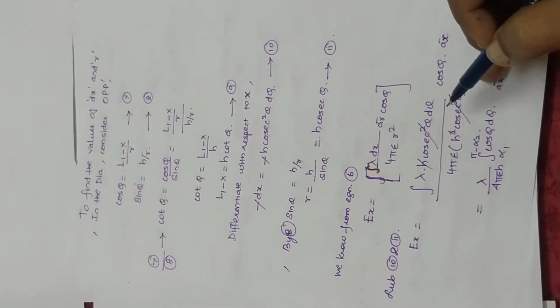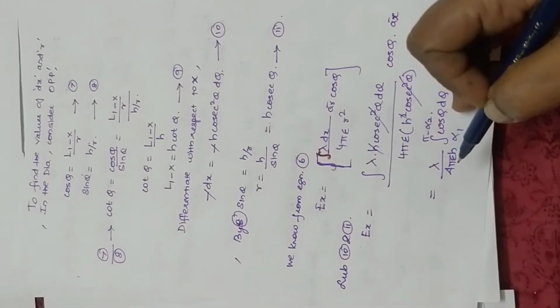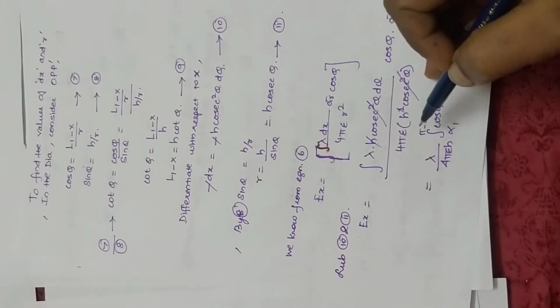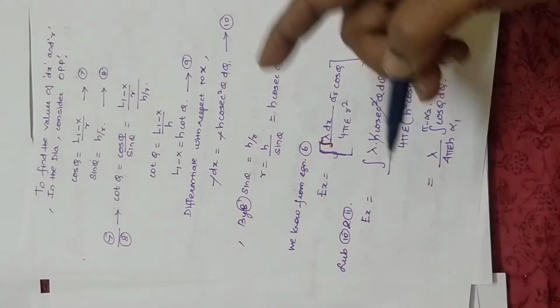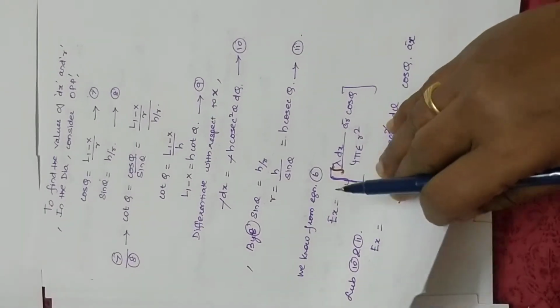Now cancel out the like terms. The equation is written in the form of lambda divided by 4 pi epsilon h integral, the limit is from alpha 1 to pi minus alpha 2 of cos theta. All terms are being simplified.